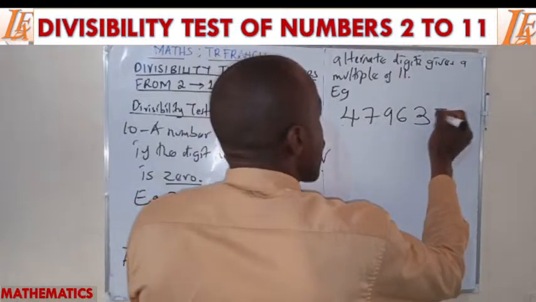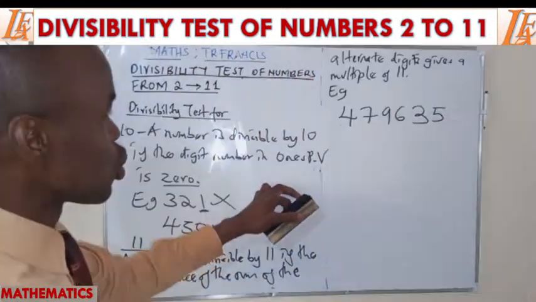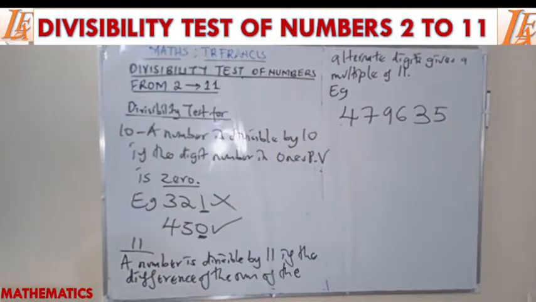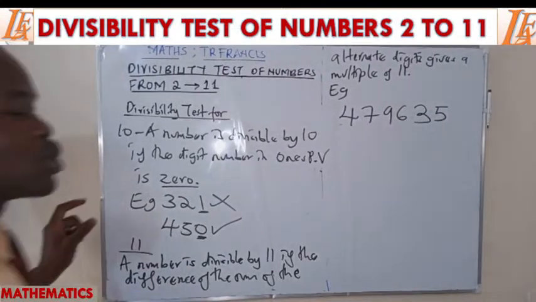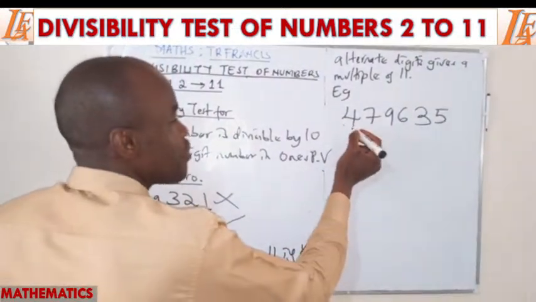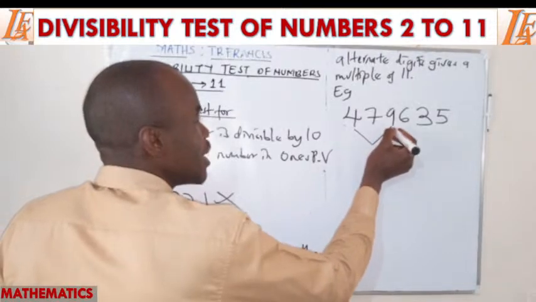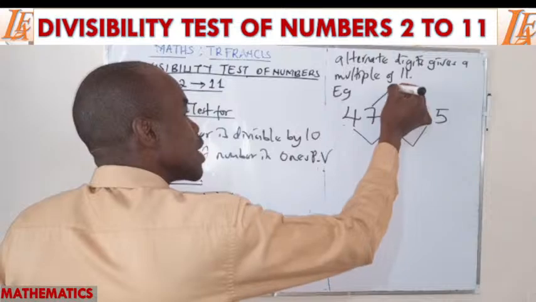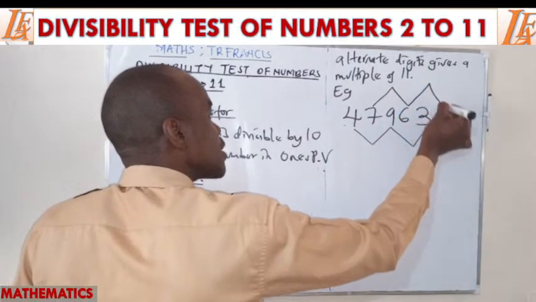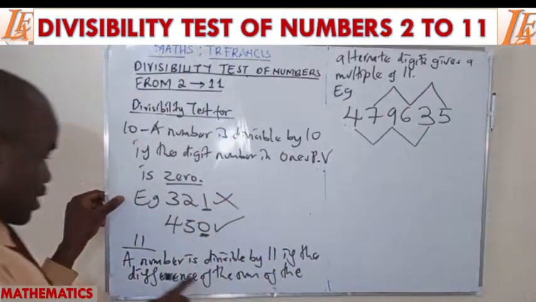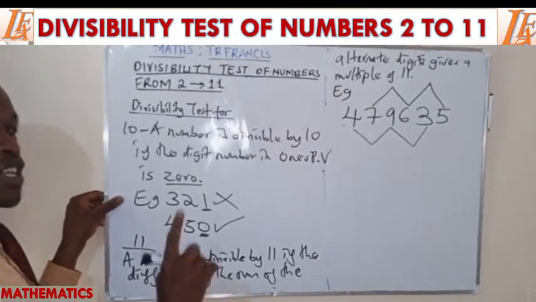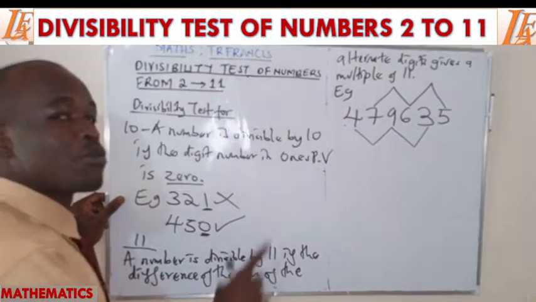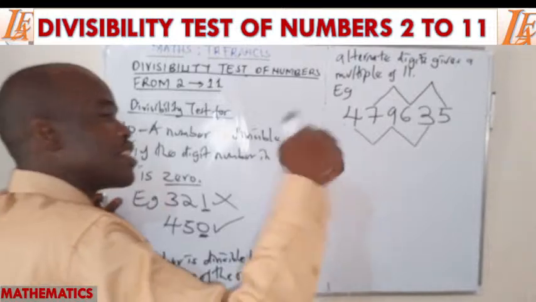For example, 47965. So we have that number. Alternate means, for example, 4 alternates with 9, 9 alternates with 5. Then for the other set, 7 alternates with 6. We are told the difference of the sum. Difference means subtraction, but you start with the sum, addition, then subtraction.